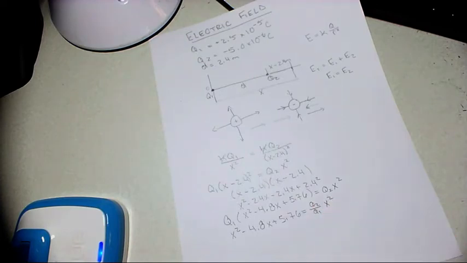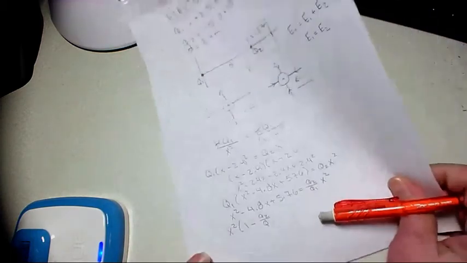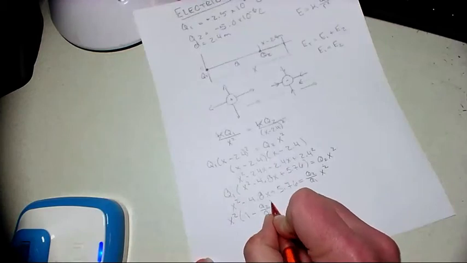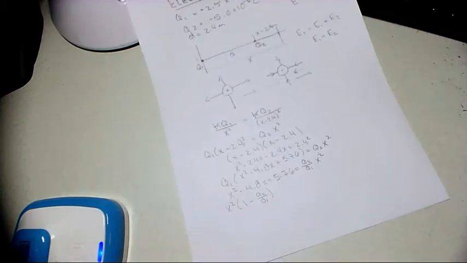Cool. Now I want to move this over to this side, or I can move everything over here. It doesn't matter. So I'm going to move this over here. So x squared on the outside, 1 minus q2 over q1. Perhaps I should show you why I just did that. Let me not take shortcuts there.